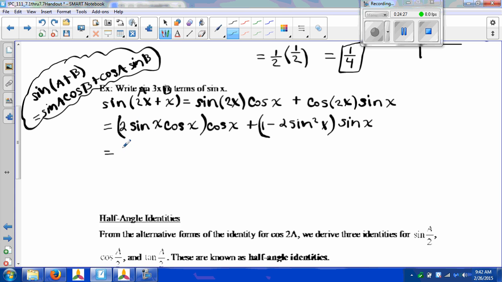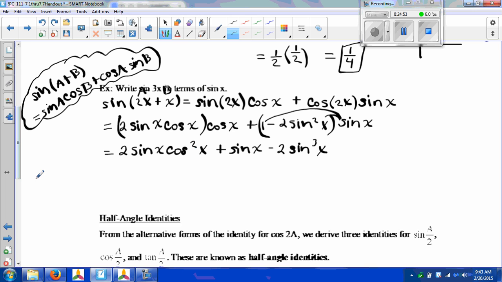Alright, so then that's 2 sine of x cosine squared x plus, now I'm going to distribute that there and there, sine of x minus 2 sine cubed x. Alright, now I've just got one more issue, and that's this guy right here.